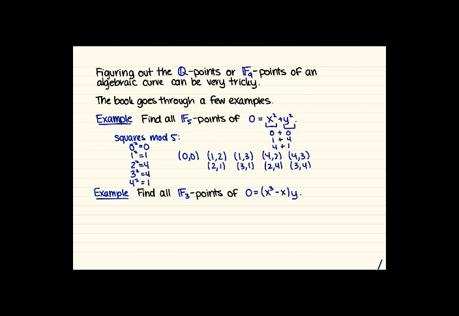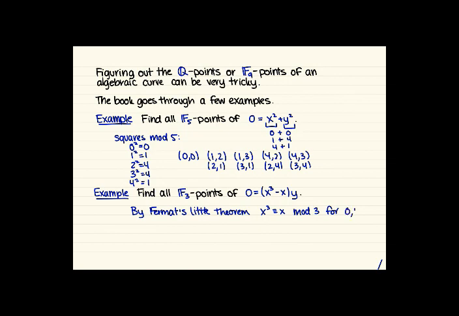Now let's look at finding all F3 points of this equation 0 equals x cubed minus x times y. Something kind of strange happens here, which is that by Fermat's little theorem, we have that x cubed is congruent to x mod 3 for all numbers in F3.